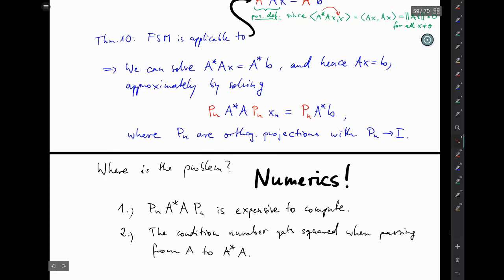So the condition number is computed purely based on the matrix. And if your condition number is 10, then that means 1% error in your right-hand side might result in 10% error in your solution, which is not great. But if you square that, then 10 becomes 100, and well, then you don't want to do that computation anymore.